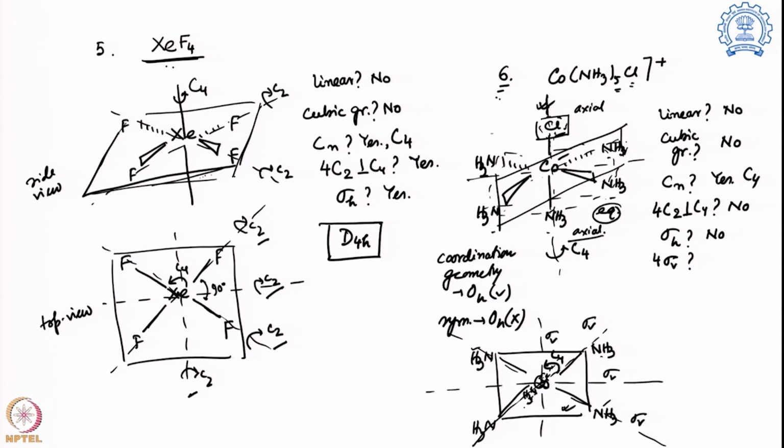So, altogether 4. For example, the plane of the board I draw in this side view is going to be one of the sigma V planes. So, I have 4 sigma V planes, 2 of them go through the ammonia, cobalt, ammonia bonds in the equatorial plane, and 2 of them go between those 2 bonds. So, the answer is yes, I have 4 sigma V's, and this will be a C4V molecule in the point group.